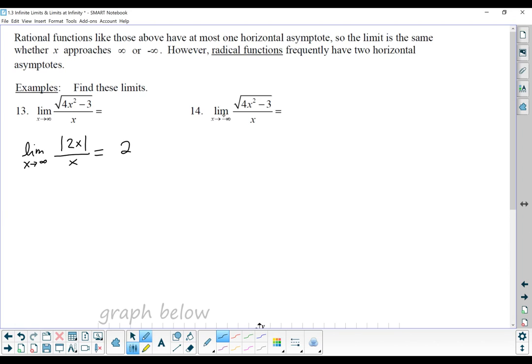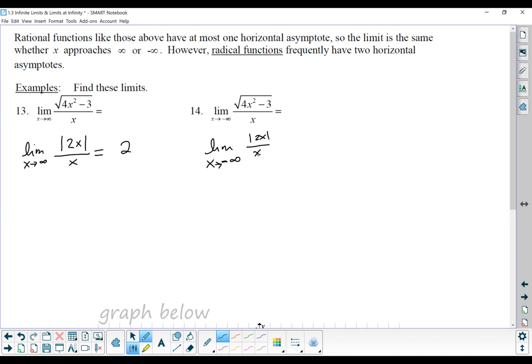So we have exactly the same function here. We just want to think about the limit as x approaches negative infinity this time. And again, the square root of 4x squared for large or small values of x is going to be about the same as the absolute value of 2x.